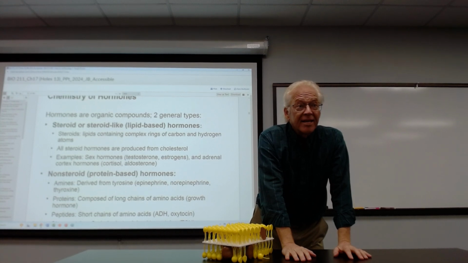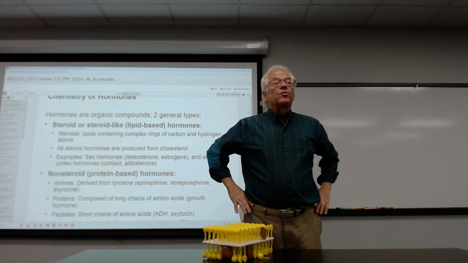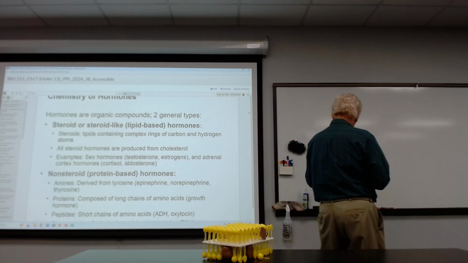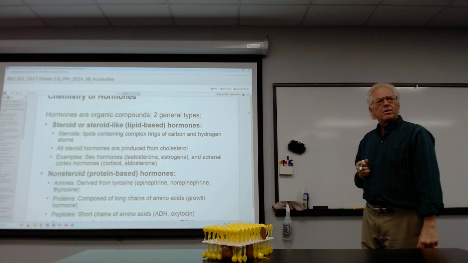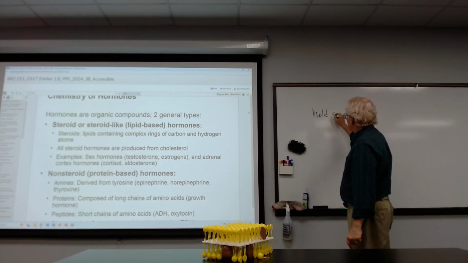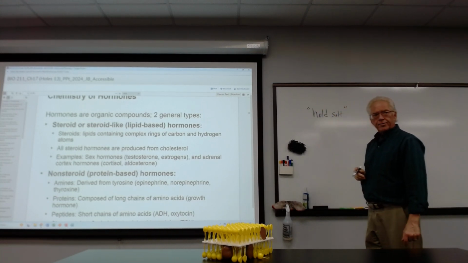Okay? Now, what is a good way to remember the antagonists? How they work against each other? Exactly. They're the opposite. Got it? So, which hormone says hold salt? Keep the salt in your blood, don't pee it out.